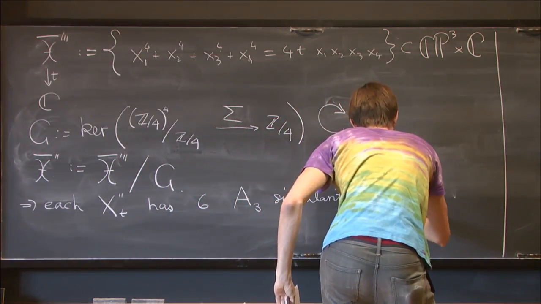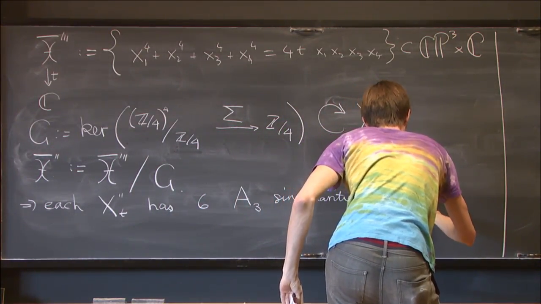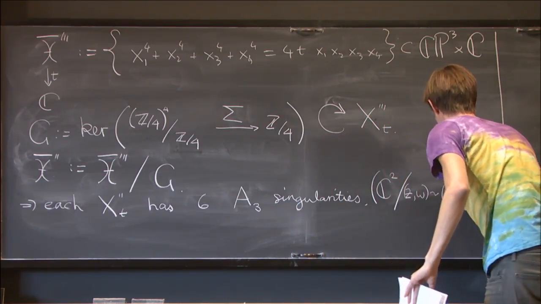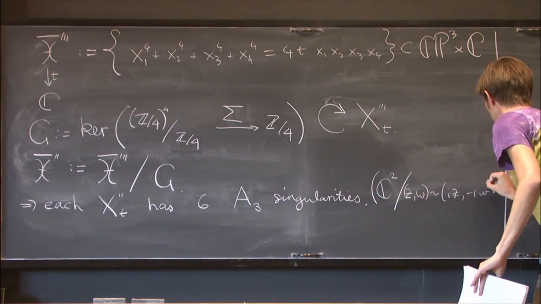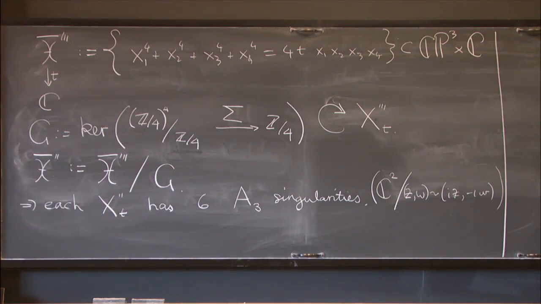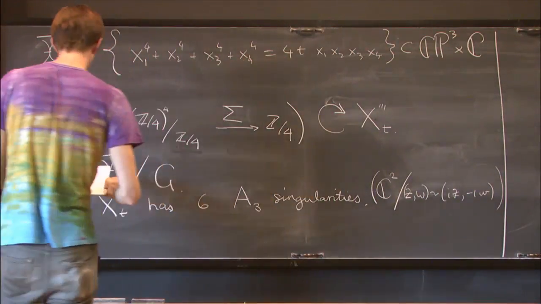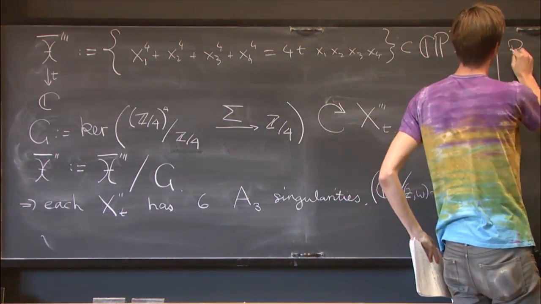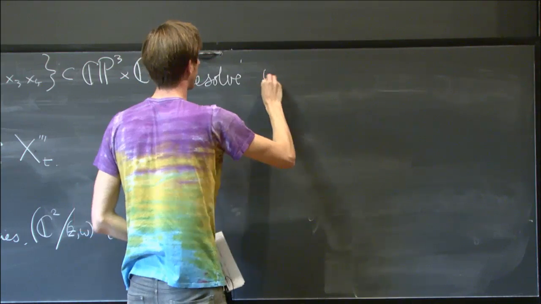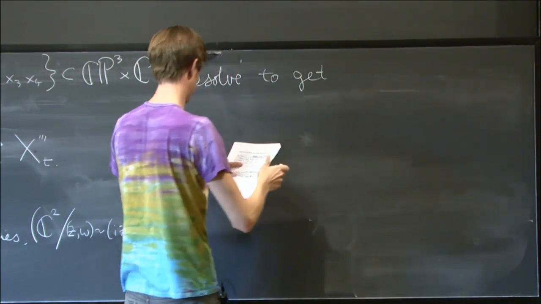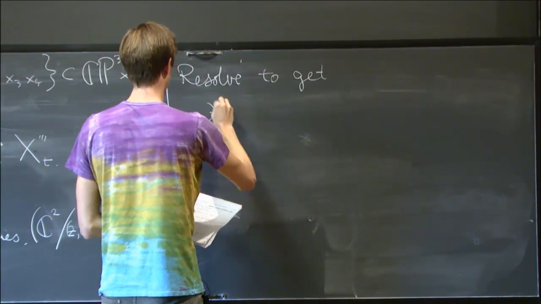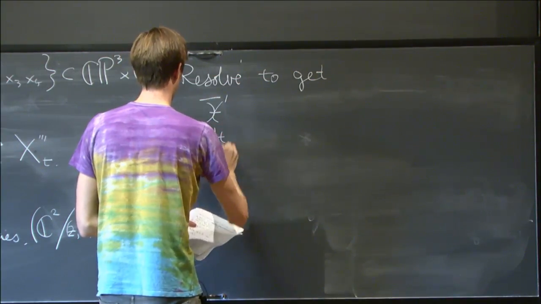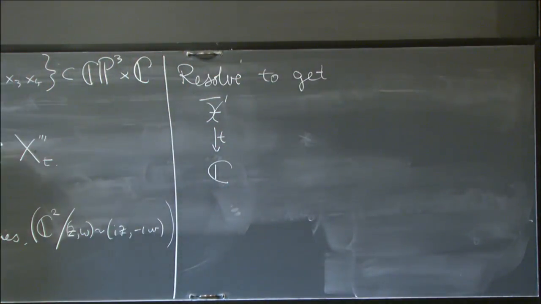These are ones that look like C2 quotient by this Z mod 4 action locally. So we're going to resolve a family X prime over C.